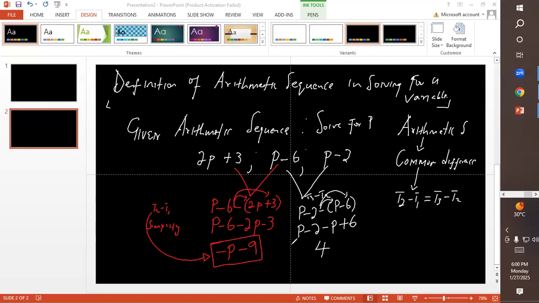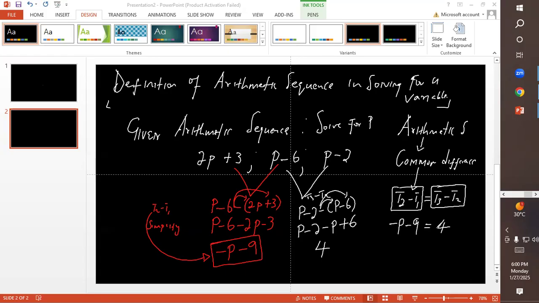Now, according to the definition of an arithmetic sequence, term 2 minus term 1, which is minus p minus 9, is equal to term 3 minus term 2, which I found to be 4.